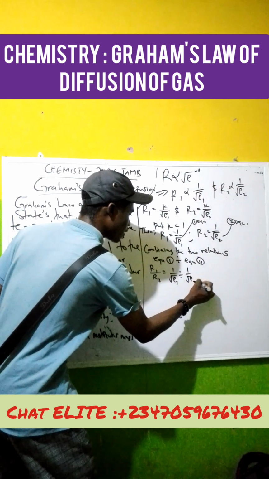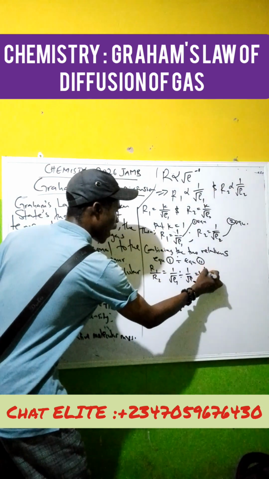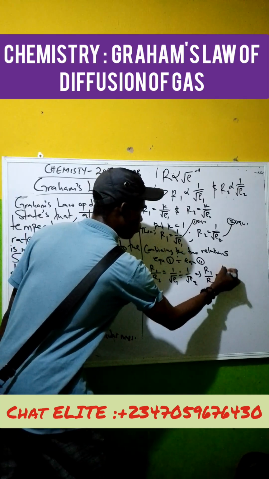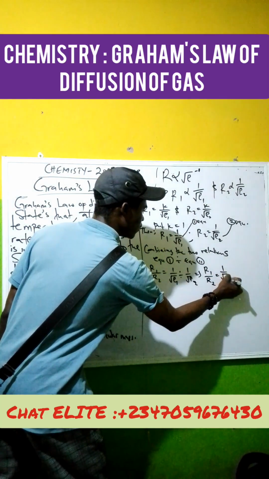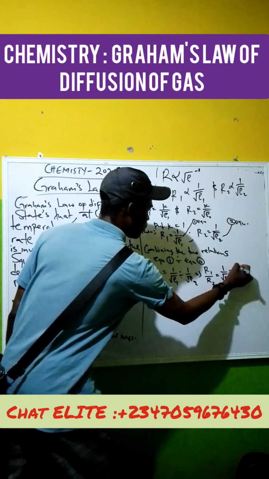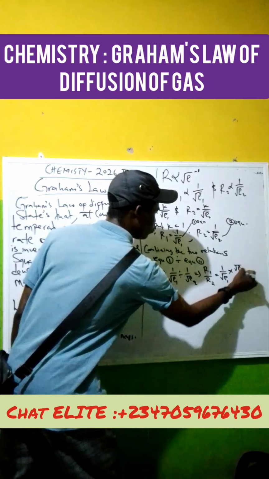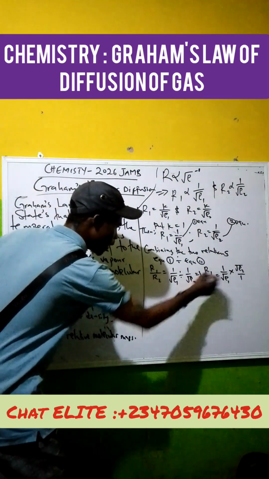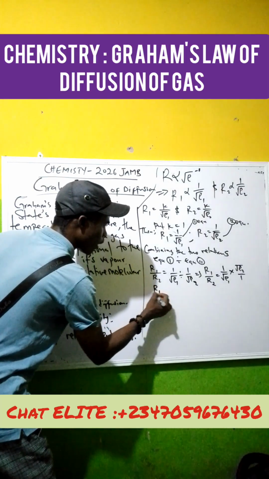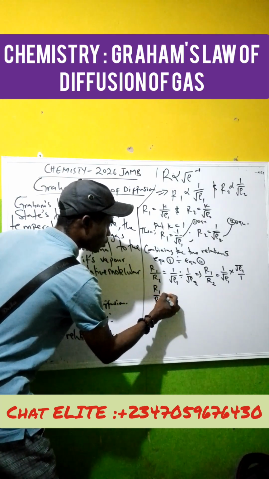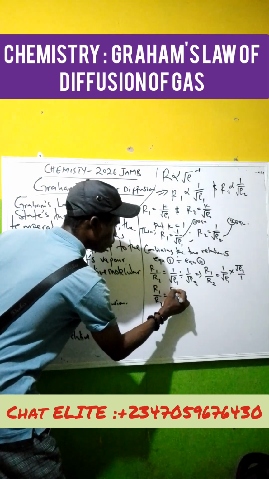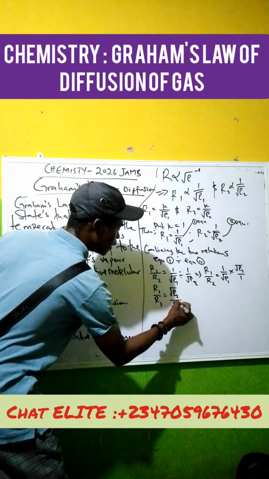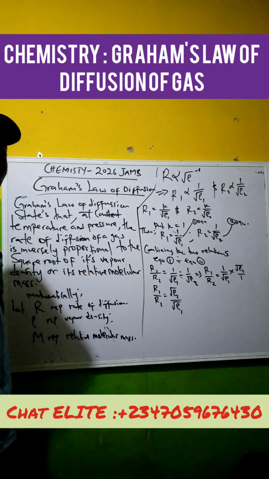Which implies that R1 over R2 is equal to 1 over square root of density 1 multiplied by square root of density 2 over 1. Are we making any sense? Yes. So now it becomes R1 over R2 is equal to square root of density 2 over square root of density 1.